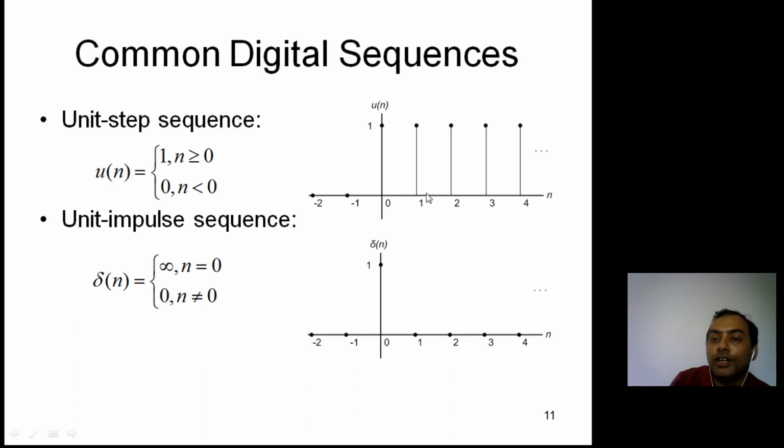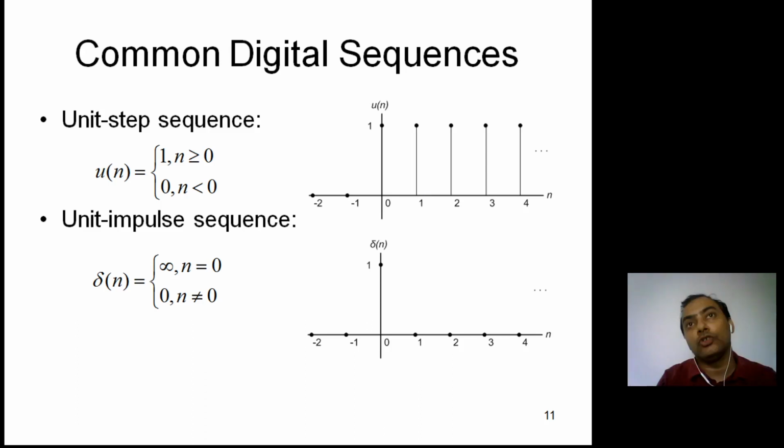The unit impulse sequence is defined as: when n is equal to 0, the amplitude is infinity, and for other values of n, the amplitude is 0. This is denoted as delta n. So this is the unit impulse. The Dirac delta function you also need to know, but here it is in terms of a sequence. The Dirac delta function applies to continuous time.